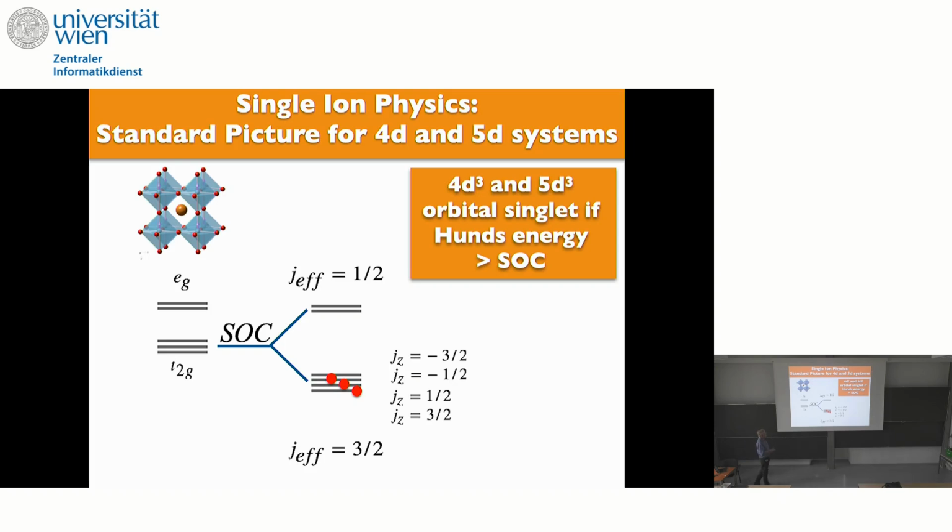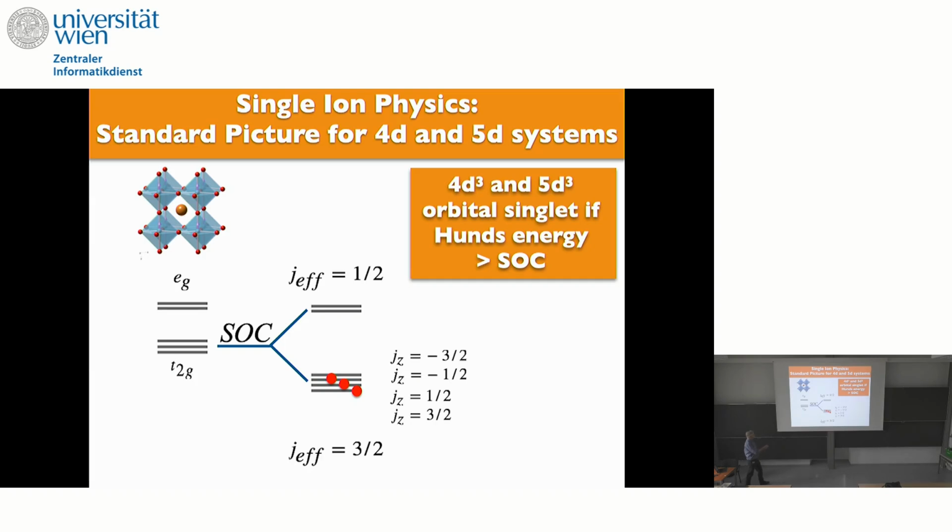To begin with, I'm going to talk about our work on 4d3s and 5d3s. You've got 3 electrons in the d shell that, if you went all the way to this point in the phase diagram, would partially fill the quartet.